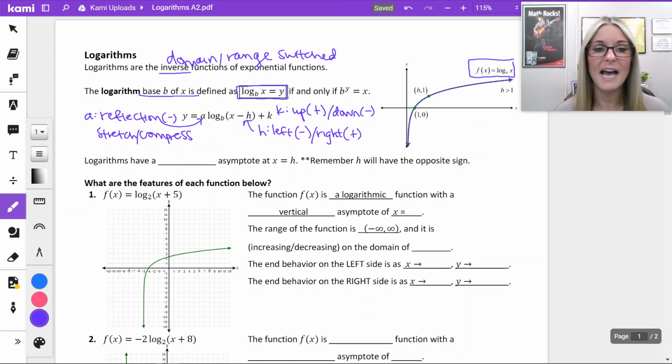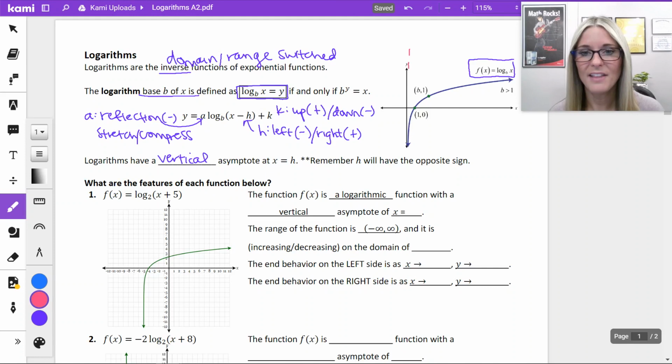Now, logarithms have a vertical asymptote. If you recall, exponential functions had horizontal. So I'm going to go ahead and add that to our parent graph over here to the right. Here is our vertical asymptote. And for this parent graph, it's at x equals 0.